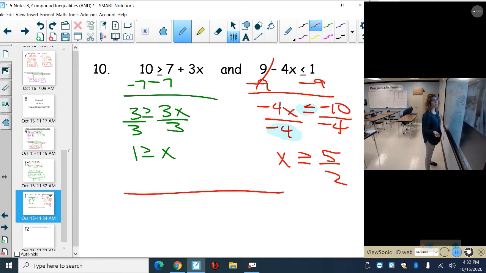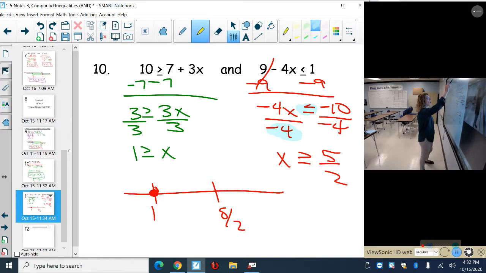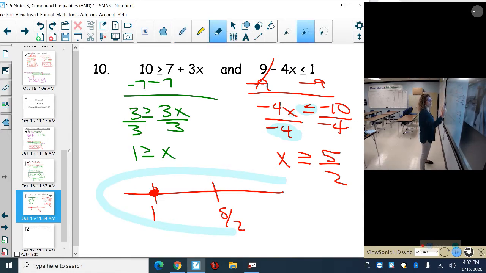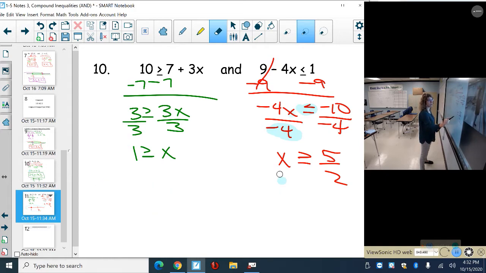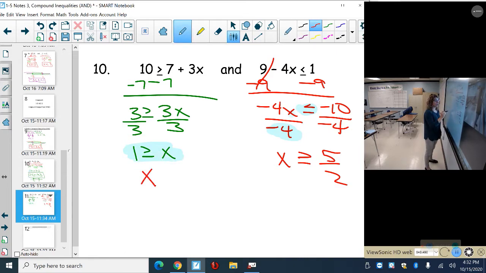If we put these on a number line, you're going to have 1 here, and 5 over 2 here. So x is going to be closed at positive 1. Ooh, I did that wrong. Sorry, guys. Do you see this right here? We did not flip this around, and we should have. Flipping it around, the arrow is pointing toward the x, so it's going to point toward the x here.